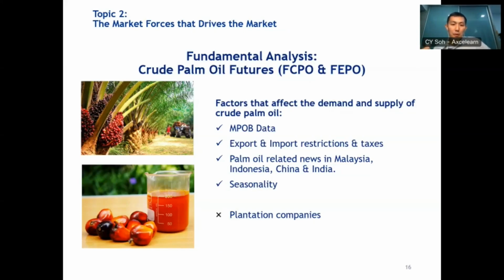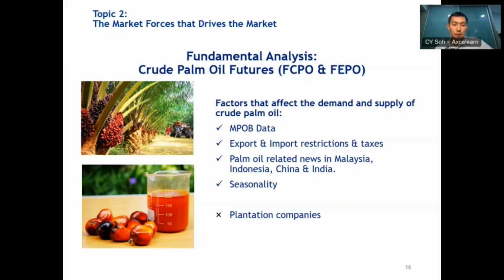For the palm oil market, a little bit special is that Malaysia, Indonesia, China, and India are the four main economies that have a lot of impact on the crude palm oil market. So you would want to look at news related to palm oil coming out of these four countries.